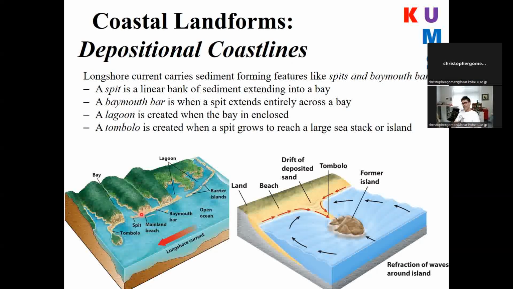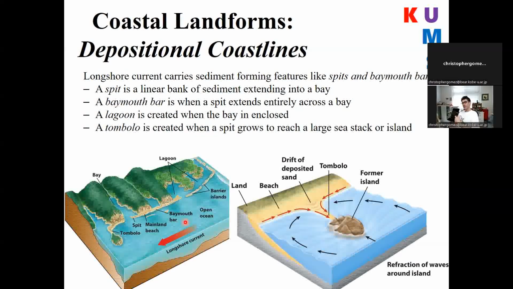When this is closing a body of water, it's going to be the bay mouth bar, and those bars, those spits that enclose those bays, when those bays become closed, they become lagoons. And those lagoons then can be what we call, when they are not connected to the land, barrier islands. And to create those features, the longshore current is going to be very important here.